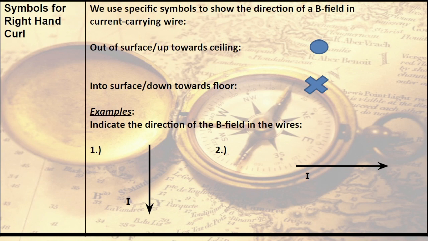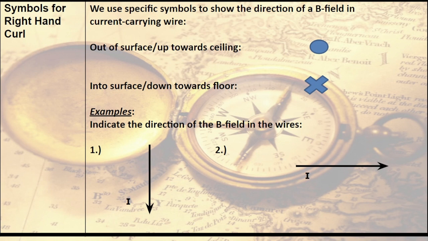So let's take a look at the two examples below. We want to indicate the direction of the B field in these wires. On the left-hand side over here, we can see that we have a current that is pointed down. So I'm going to take my right thumb and point it down, and then pretend that I have a wire in between my palm and my fingers. Well, what do I notice? I notice that my thumb is pointed down, and my fingers on the left-hand side of that wire are going into my computer screen.